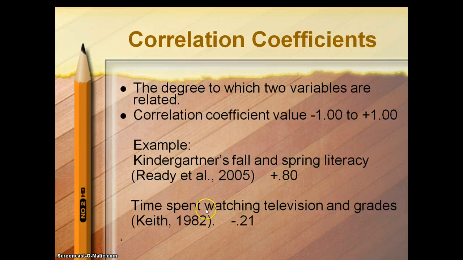Makes sense. As opposed to something like time spent watching television and grades. If you spend a lot of time watching television, you're going to have lower grades on your courses and on your exams. So there's a negative relationship, negative 0.21.